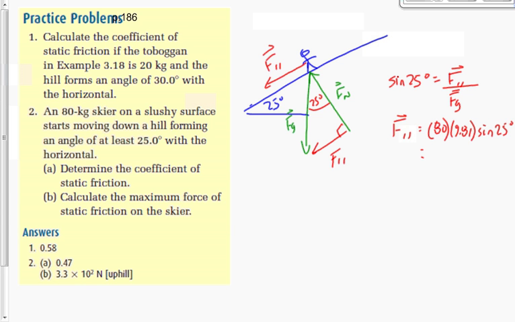Gives me a force of what? I'm thinking 3.3 times 10 to the 2. Is that right? Lightning fast calculation. That's the force of the hill, but we know that that's the same as the force of friction.